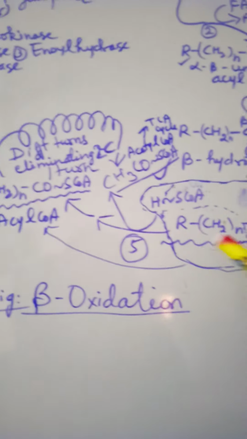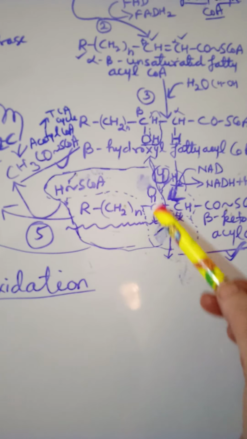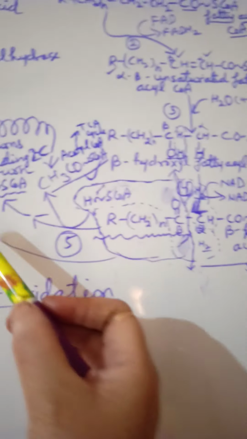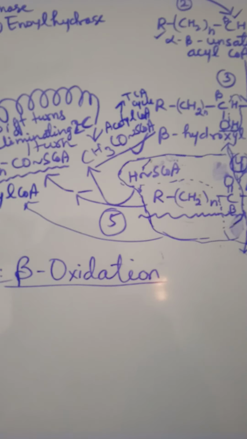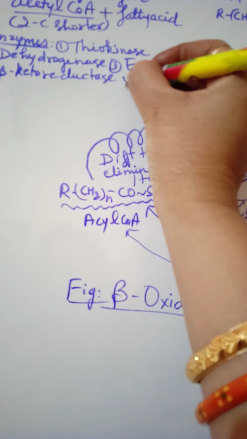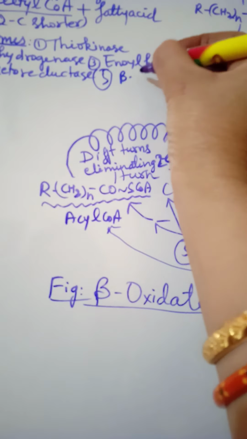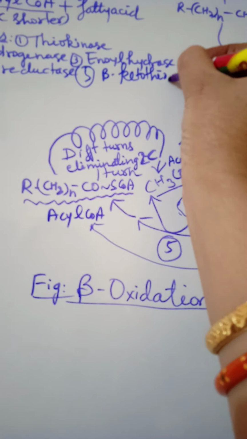Here, this is the acyl coenzyme A derivative. You could see this structure will be converted into acyl coenzyme A in the presence of your enzyme beta ketothiolase.